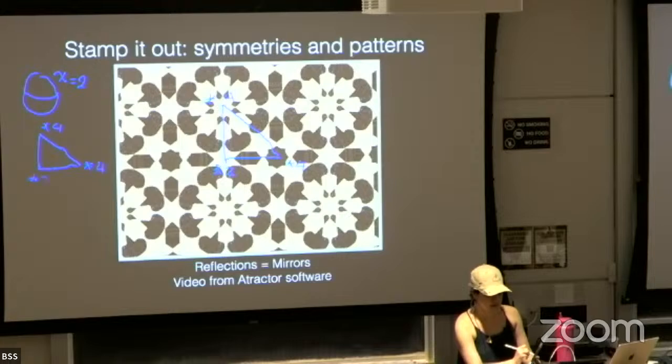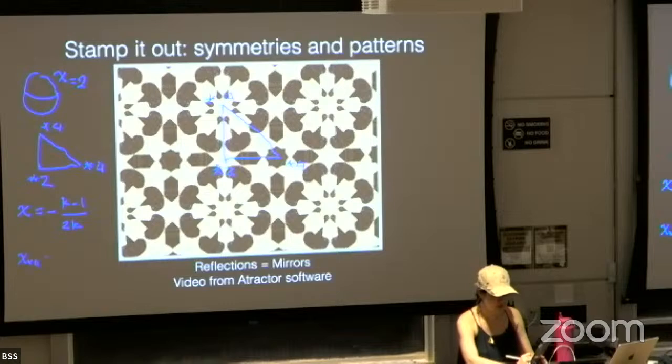So the Euler characteristic for each of these, chi for each of those, is equal to minus (k minus 1) divided by 2k. And so we've got k equals 4. We just worked that out. So chi for star 4 is equal to minus 3/8.